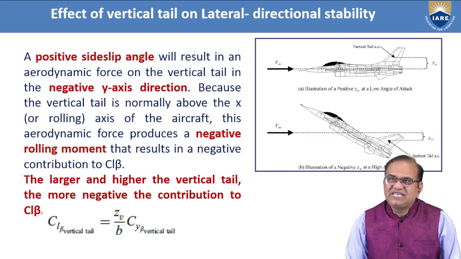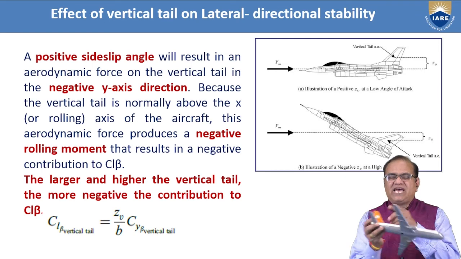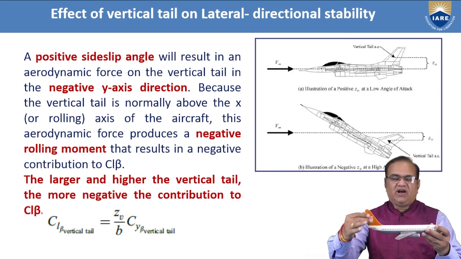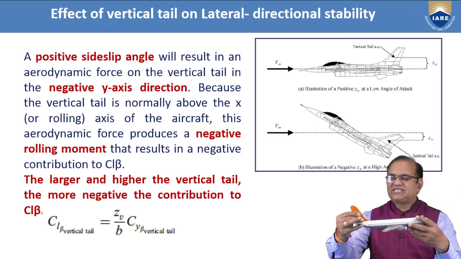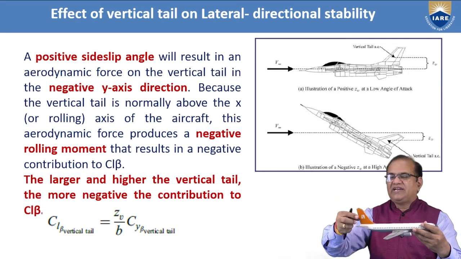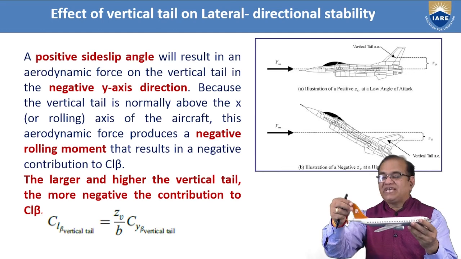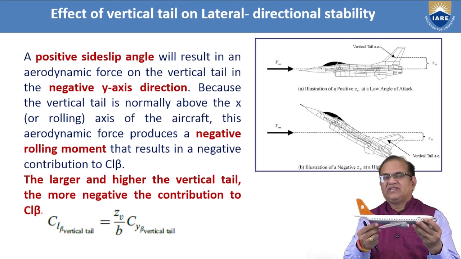Now, if you see the vertical tail, if we have the vertical tail upside like this, it is good, because if the side slip is from this direction, a force will be generated in this direction and it will try to neutralize the beta. But if it is below, what will happen?